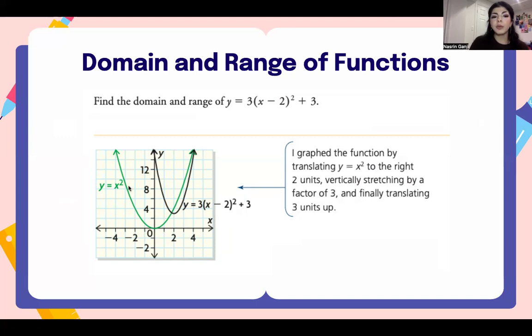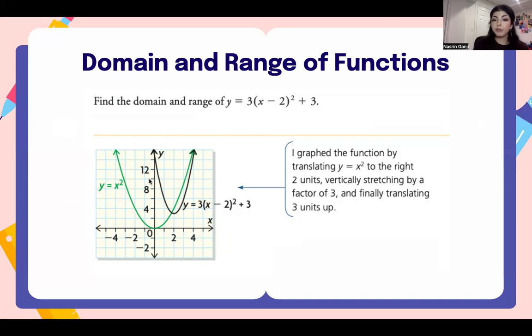So here we are starting with our simple quadratic function of y equals x squared. We will be using negative 2, what we know here, to move this 2 units to the right. And we will go up 3 units over here, and we will stretch by a factor of 3, which is our coefficient of 3 at the beginning. And if we do that, we will get this new function here.